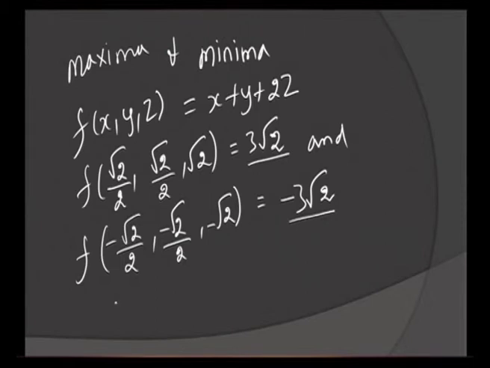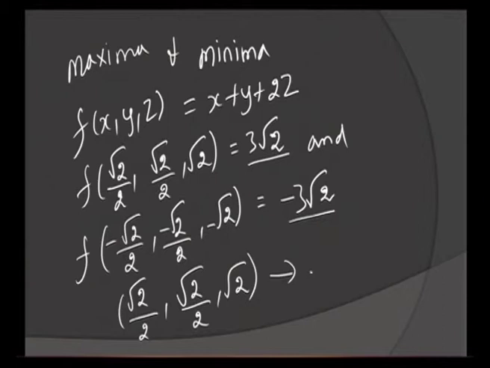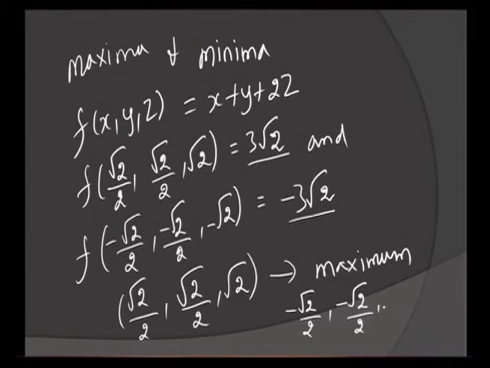Thus, root 2 by 2 comma root 2 by 2 comma root 2 is the maximum, and minus root 2 by 2 comma minus root 2 by 2 comma minus root 2 is the minimum.